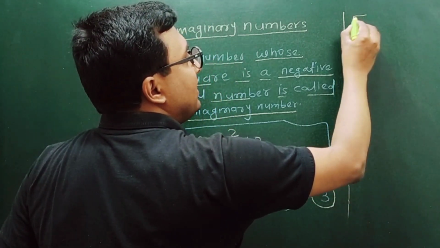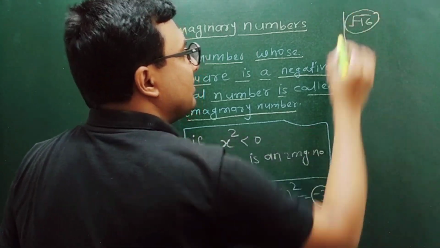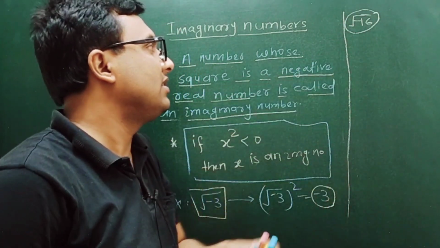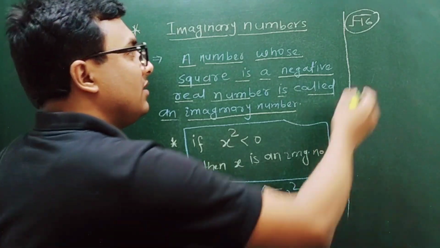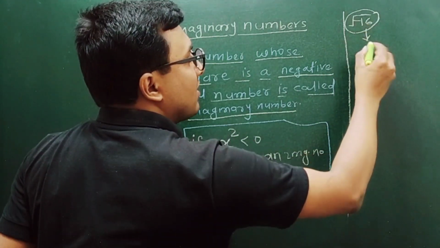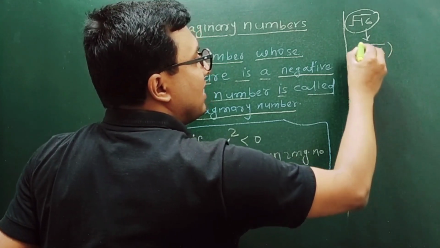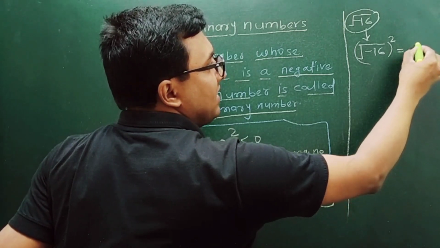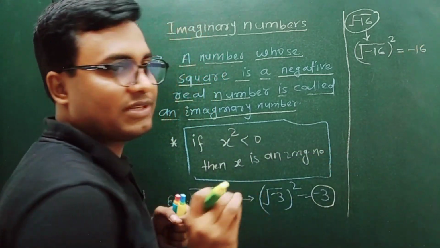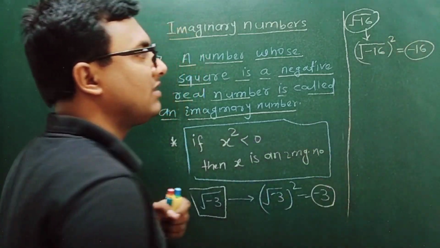Next example. Is root under minus 16 an imaginary number or not? First of all, we square root under minus 16. After squaring, we get minus 16. Minus 16 is a negative real number.